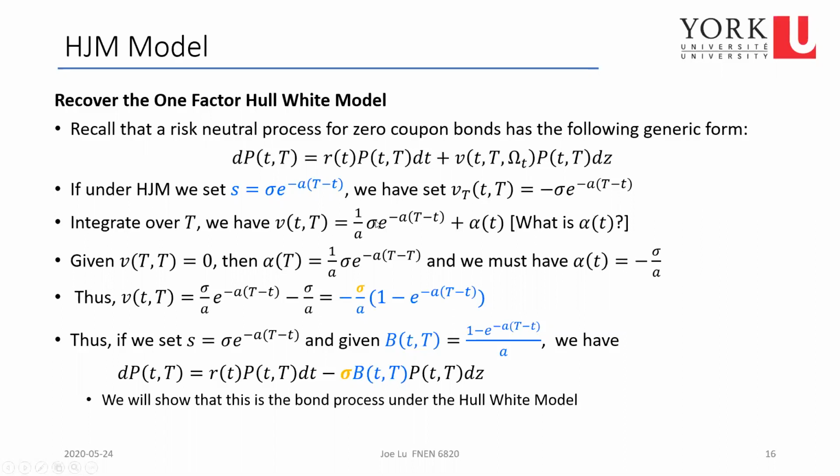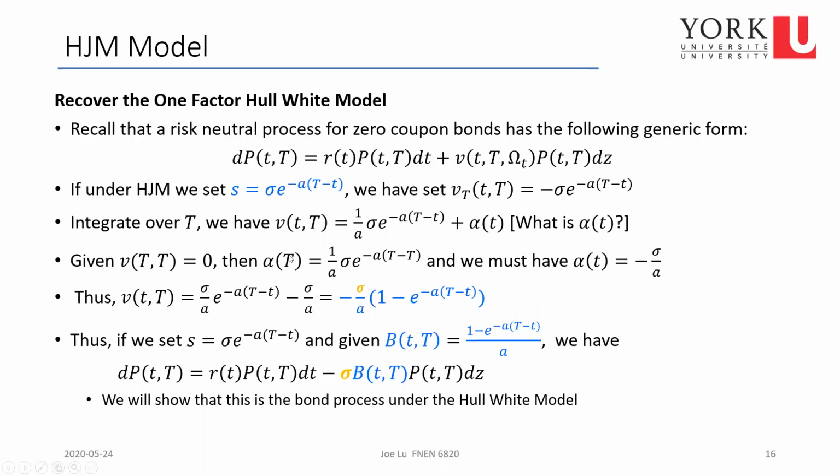If we integrate this over t, big T, we have this v little t big T function taking this particular form. So it's a simple integration. And we then need to know what this alpha little t is. Again, we determine this through the boundary condition, and the boundary condition is obviously that the volatility must be 0 when little t becomes big T.